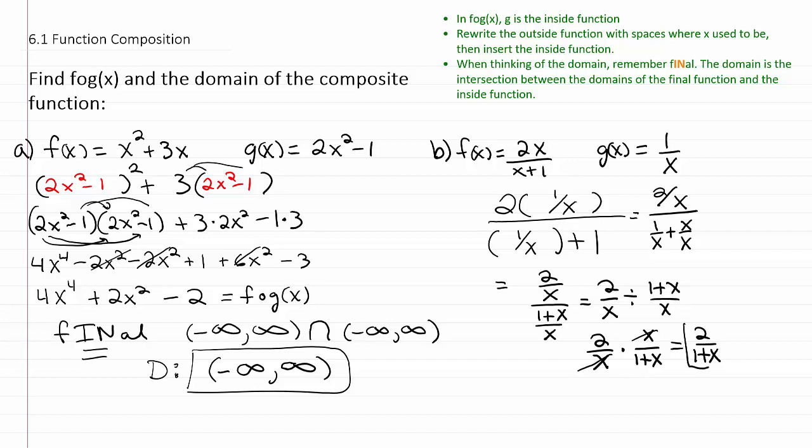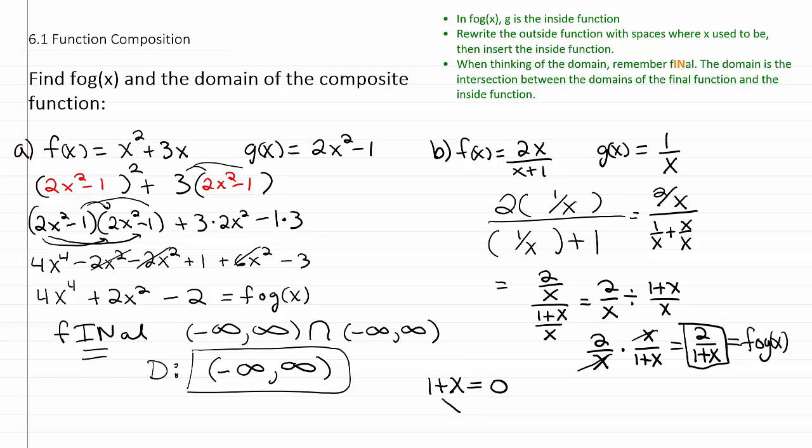All right, so there's our composition function, our composite function. That's our f of g of x that we've been trying to find. All right, we have that. That's great. Now from here, we have to consider the domain. So to look at the domain here, we have to think of two things. The final function, right? And that's the 2 over 1 plus x. If we look at that one, we'd say, well, there's going to be some restrictions here. We do not want 1 plus x to end up equaling 0, right?